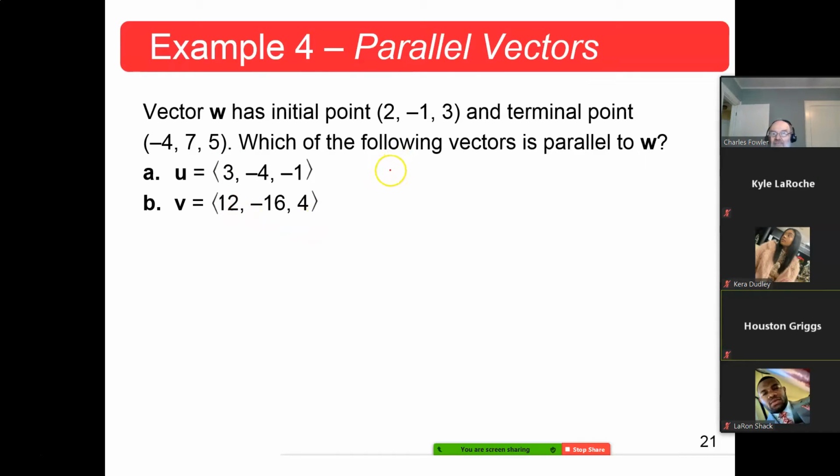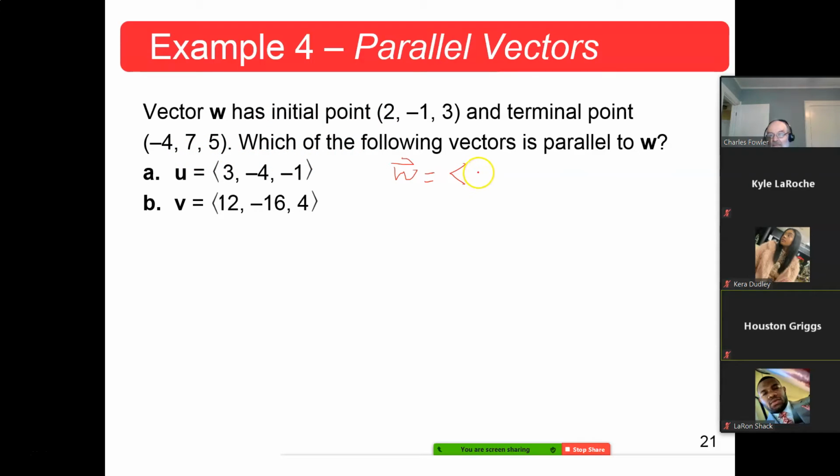Well, I think probably the first thing to do is figure out what is vector w. And if we do this, I think we'll have a really good idea if either of these is parallel to it. So, what would be the components of w? This is the terminal point, there's the initial point.